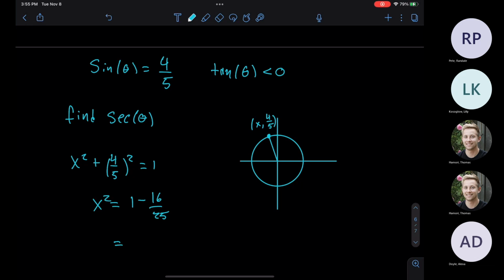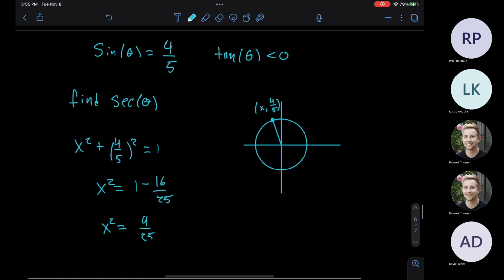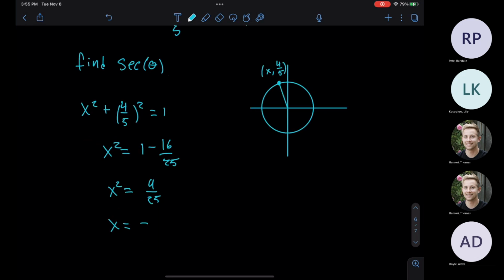All right, x squared would be equal to that. So x squared is equal to -9. No, not -9. It's just equal to 9/25. And therefore x is equal to plus or minus 3/5. Take the square root on both sides.